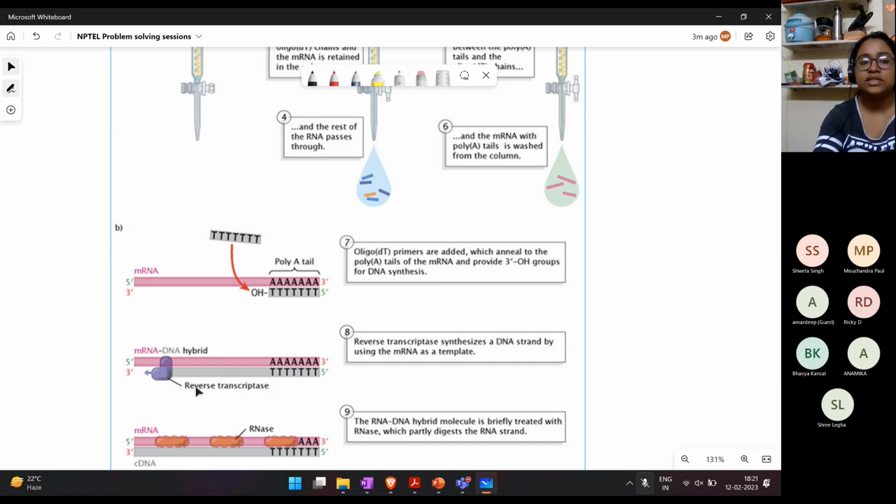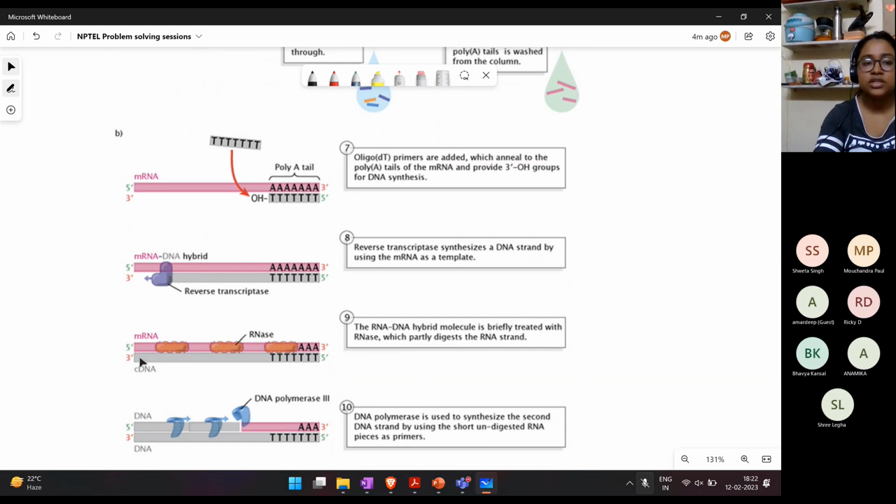So the enzyme reverse transcriptase will be used to make a DNA sequence where mRNA is used as a template. After reverse transcription, this is your cDNA which is ready, and this is your mRNA. So this is a hybrid structure that is made right here.